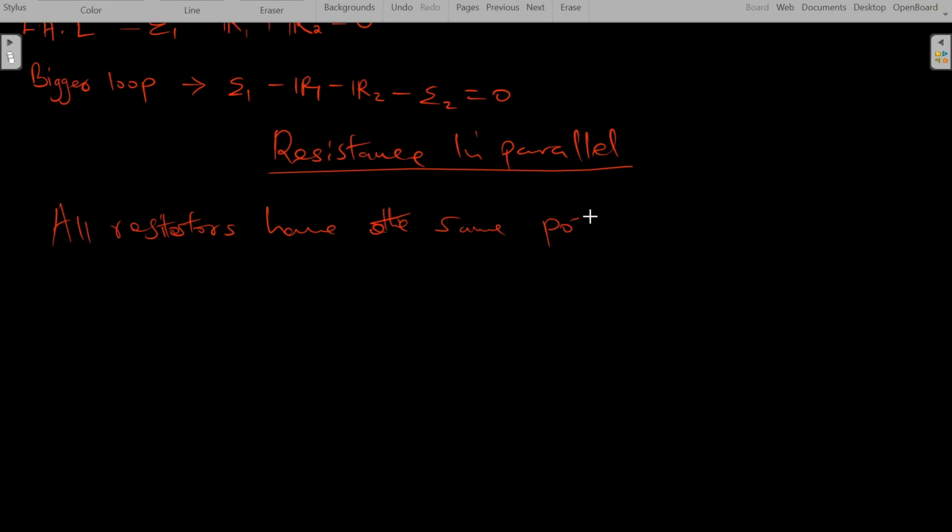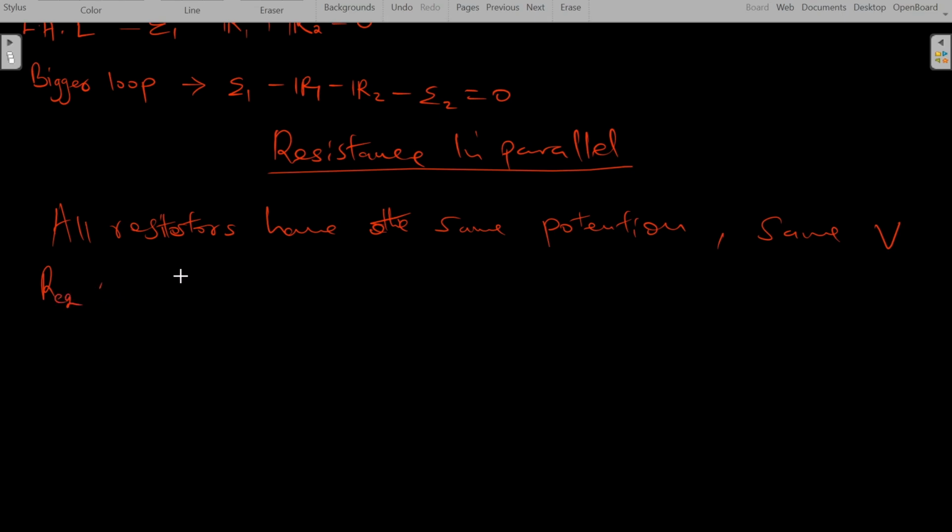All the resistors have the same potential, so they have the same V. Let's calculate that. Deriving the expression for R equivalent.